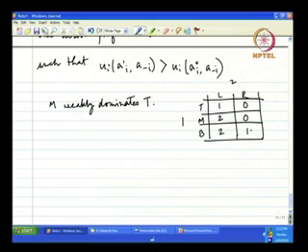M is giving player 1 the same amount as T is giving if R is played.